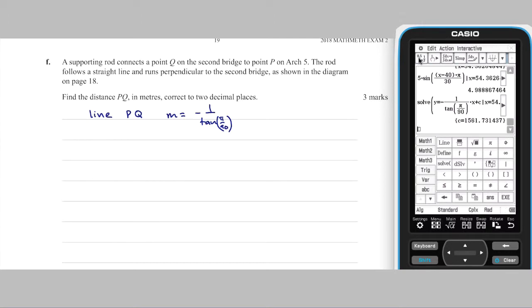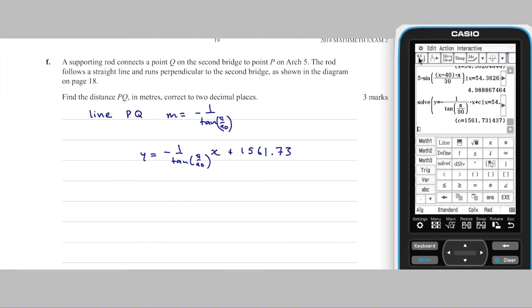This gives us the equation of the line y equals -1 on tan pi on 90 x plus 1561.73.